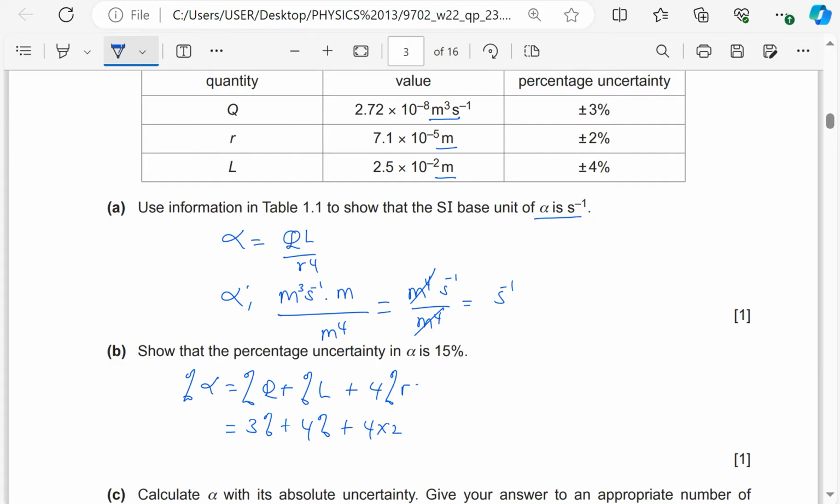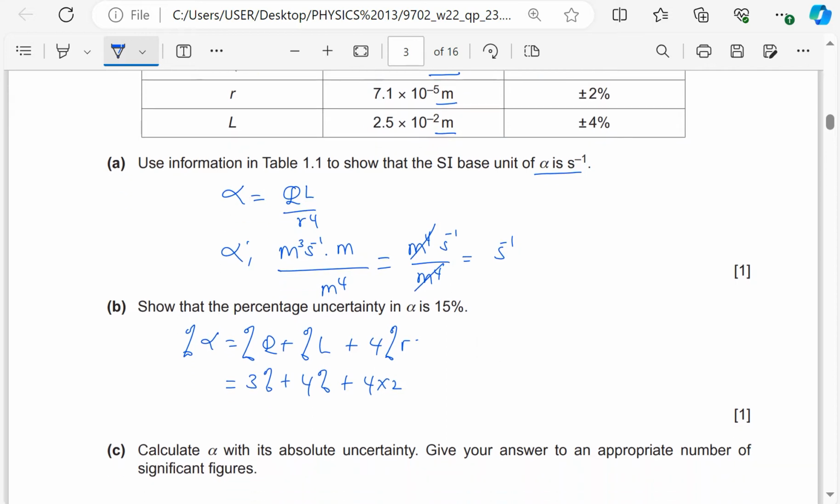I multiply the percentage of R by 4 because R is raised to power 4. So this is 7 plus 8, which is 15%.